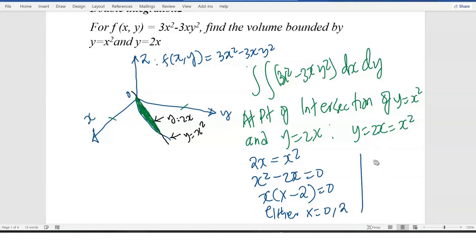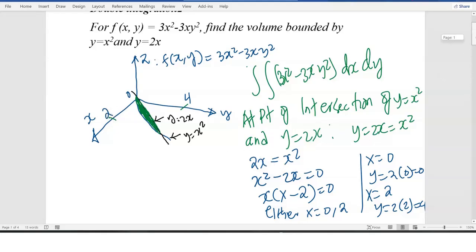Now if x is equal to 0, what is y? y is 2 times 0, which is also 0. If x is equal to 2, y is 2 times 2, which gives me 4. So at the points of intersection, x is 0 and 2, and y is 0 and 4.